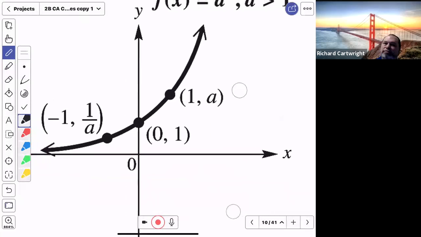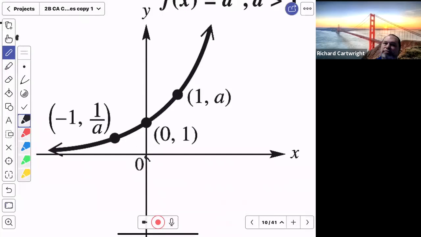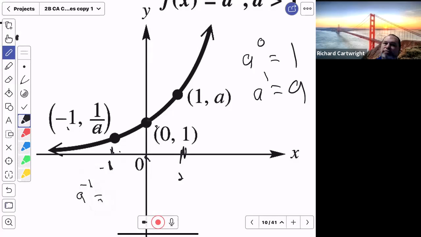We always know that when we plug in a 0, you get a 1, because anything to the 0 power is 1. And then if you're plugging in a 1, you always know that a to the 1 is going to be itself, a. Now over here, if I'm plugging in a negative 1, it's probably right here. Yeah, that's about right. When you plug in a negative 1, a to the negative 1 always forces it to be 1 over a to the positive 1, always.